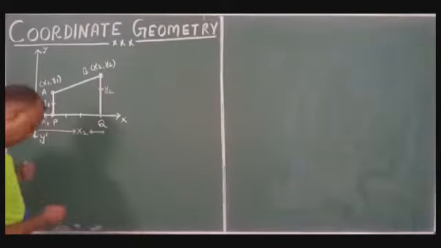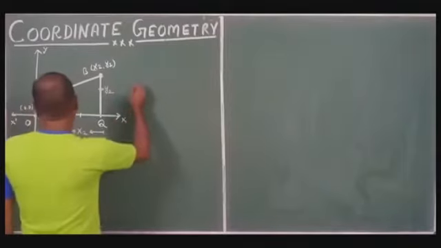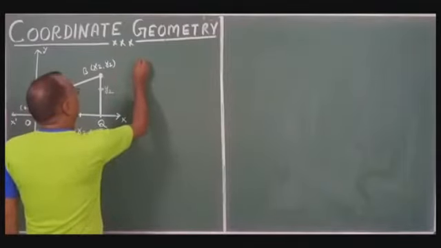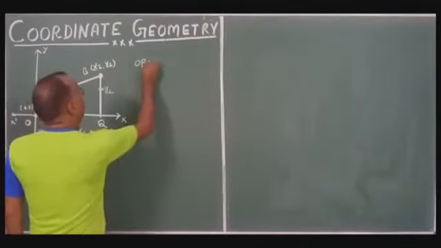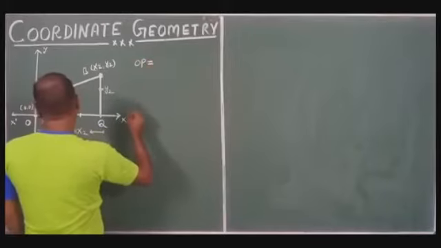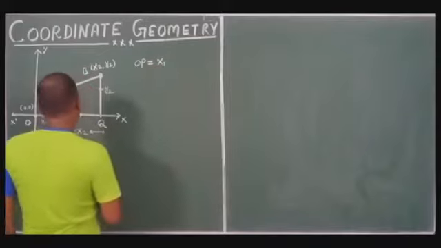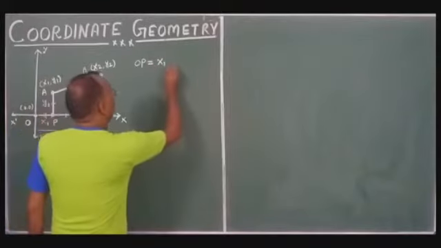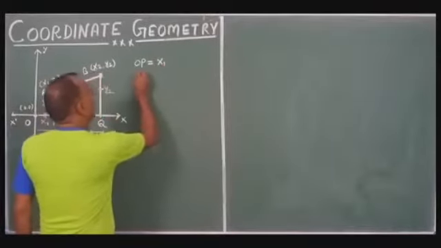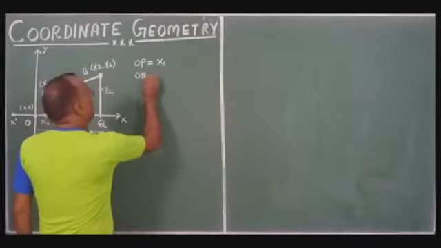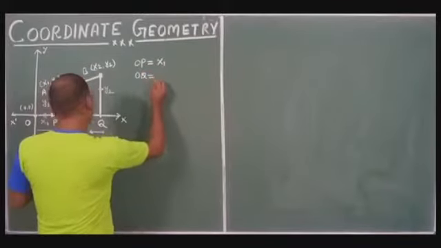Now just look here. What do we have? We have OP. What is the length of OP? x1. OQ is equal to, just tell me, x2.